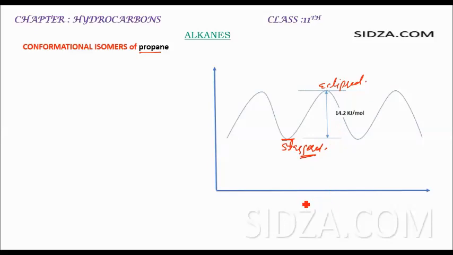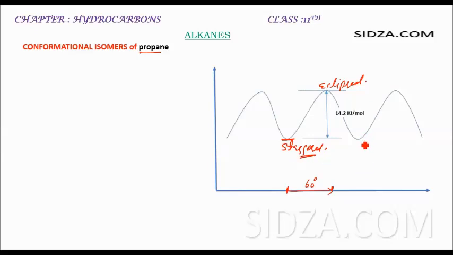Suppose we have the staggered one. If I rotate it by only 60 degrees, you get the staggered changing into the eclipsed one, correct?